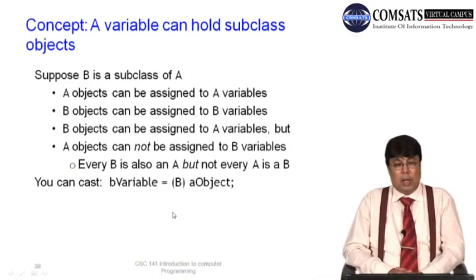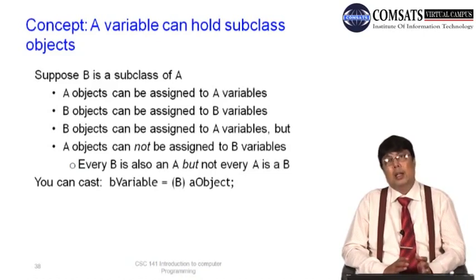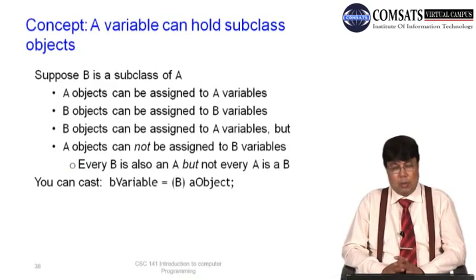Before that, the concept that a variable can hold a subclass object. Now I've already given you the concept of class, subclass, and superclass. Superclass could be your grandparent class, parent is the class and you are the subclass of your parent.